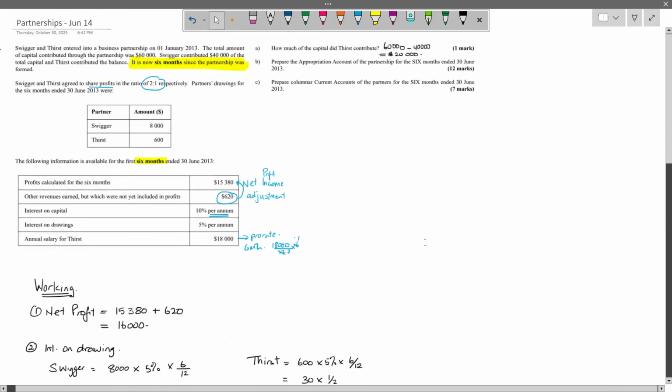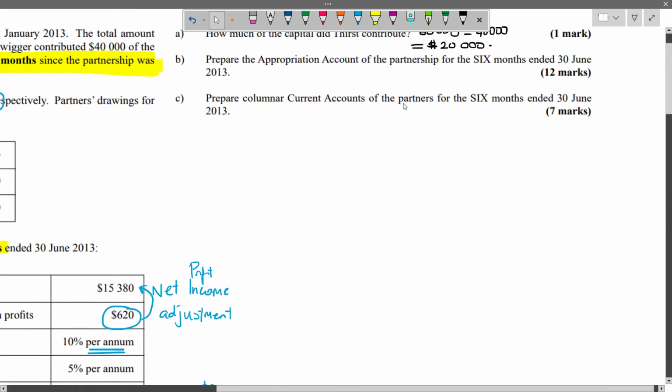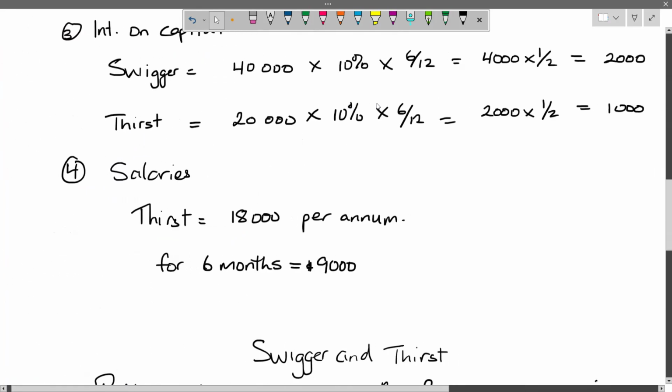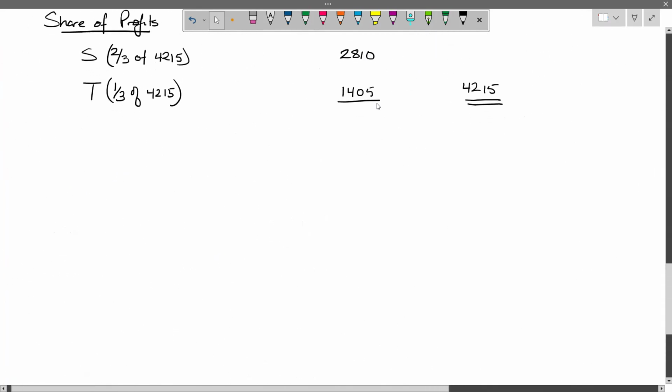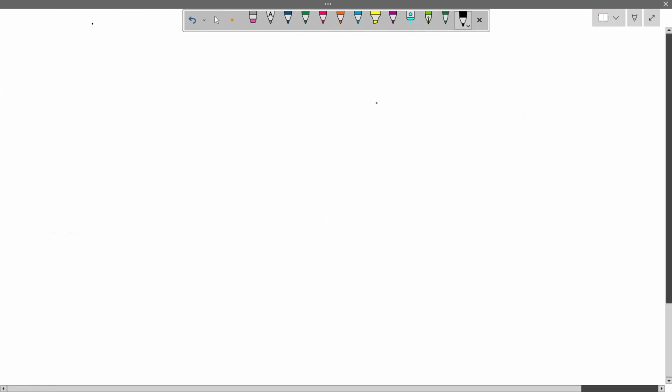Right? Now they wanted something else. They wanted us to prepare the current accounts for the partners for 6 months ending the 30th of June. A column of current accounts. Right? So this is part C, the current account. And we have Swigger and TUS.